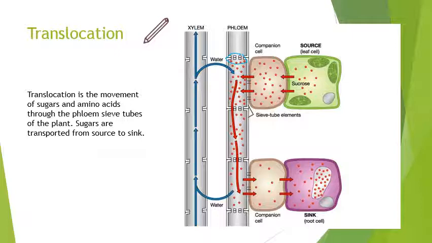And so up in the source cell, in this case a leaf cell, sugars are made through photosynthesis, and these organelles here, which hopefully you remember what they are called. Yes, you should know that these are chloroplasts, and the chloroplasts do photosynthesis and produce sugars. And the first direct product is, as we have learned, glucose. Excuse my terrible handwriting here.